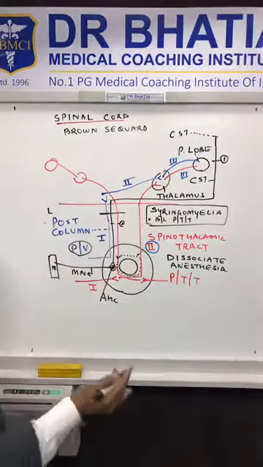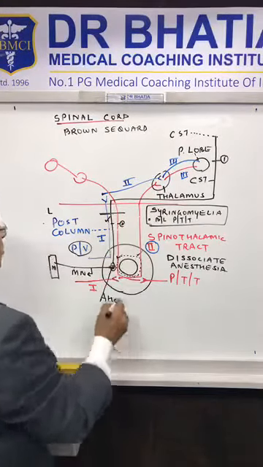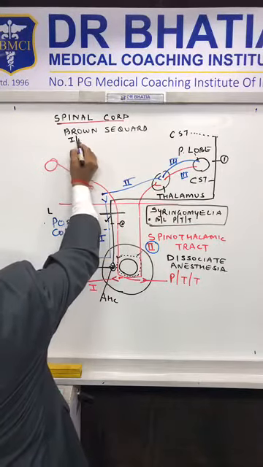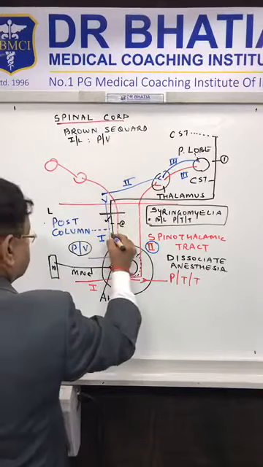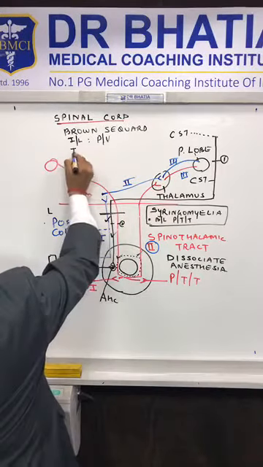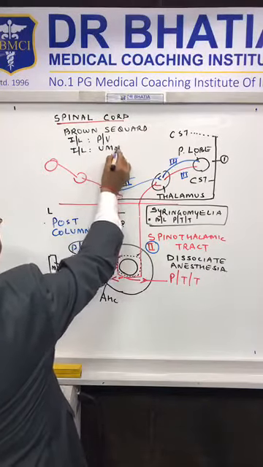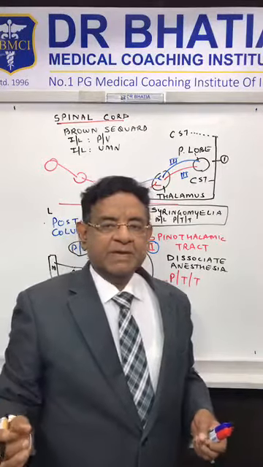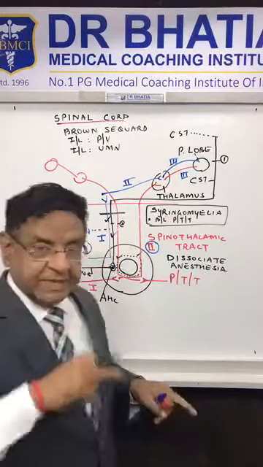So what will happen? This is gone, so this is gone means ipsilateral loss of position and vibration sense. This is gone. It will lead to ipsilateral upper motor neuron lesion. A couple of minutes back I told you, if a lesion occurs in the upper motor neuron, it is ipsilateral.